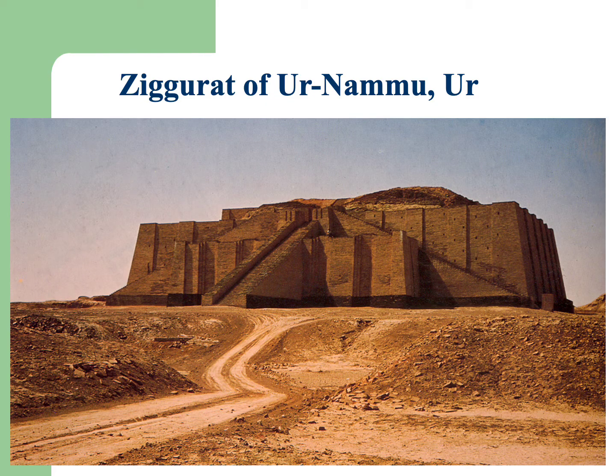The ziggurat of Ur-Nammu at Ur, you can see the scale here. There's a person standing up there on one of the landings below the central stairway. These are massive, massive architectural investments on a scale that really at this point in history had never been seen on Earth.